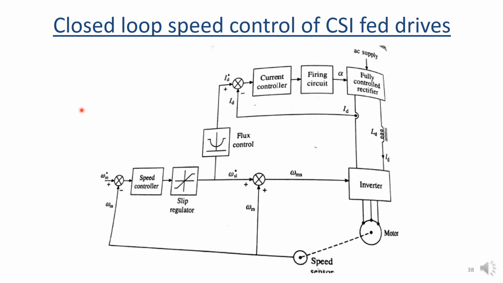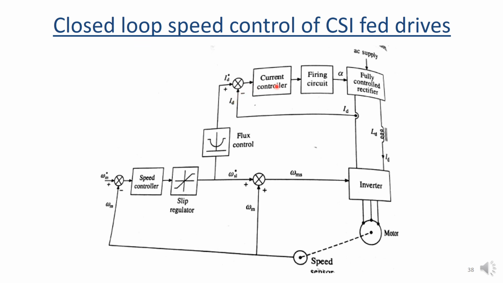Now let us see the closed loop operation of the CSI fed induction motor drive. We discussed the closed loop speed control of the VSI fed induction motor drive in the previous slides. Their working is similar to that. The only difference is this part. Here you can see the current feedback ID is given to a comparator.